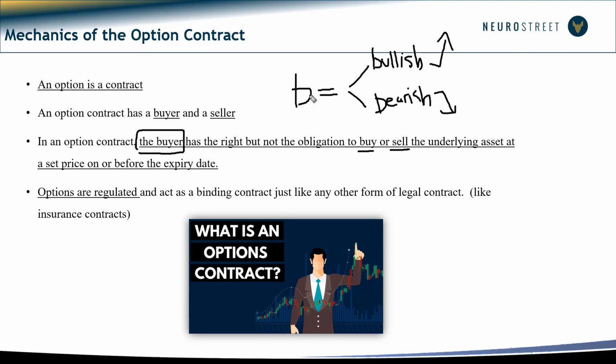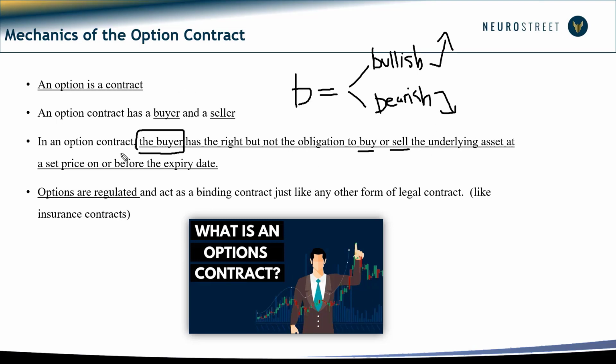As a buyer, you can participate in that. As a buyer, you have the right but not the obligation to buy or sell the underlying asset. So the whole point is, when you're buying options, you can take both bullish and bearish positions.